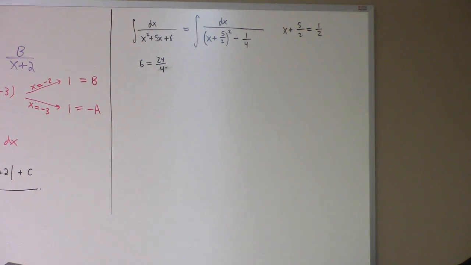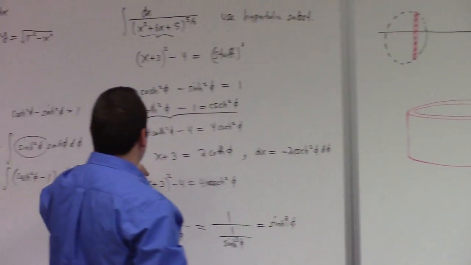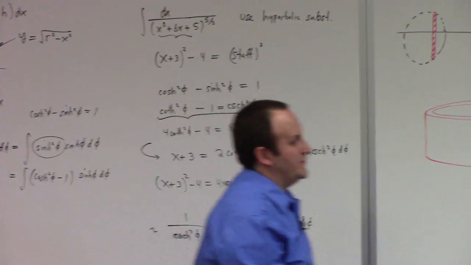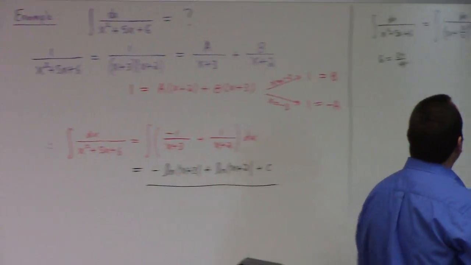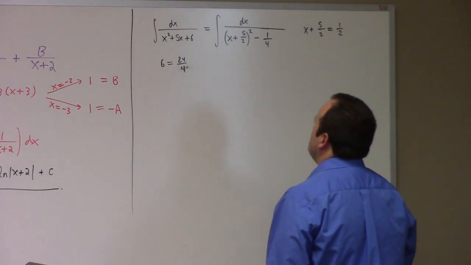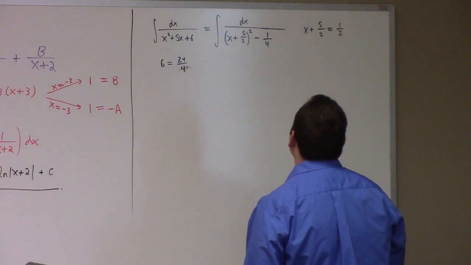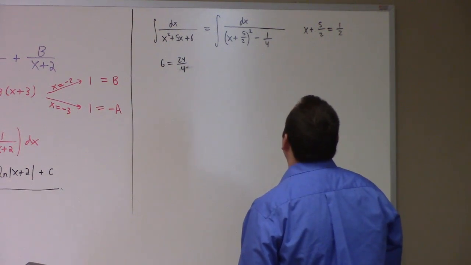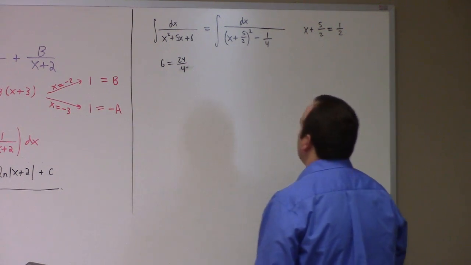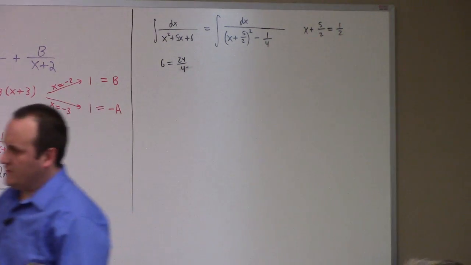I've got like variable squared minus number squared. I'll make a secant substitution, you think? So you guys prefer a secant substitution? Is that right? Okay. I don't want to do that. I'm going to use a hyperbolic function here.